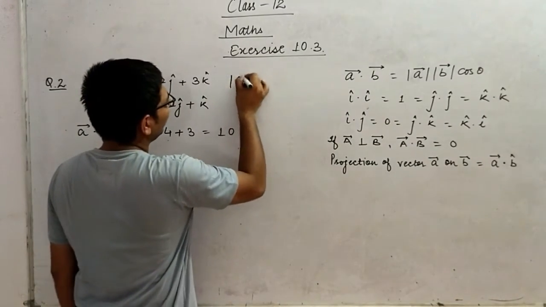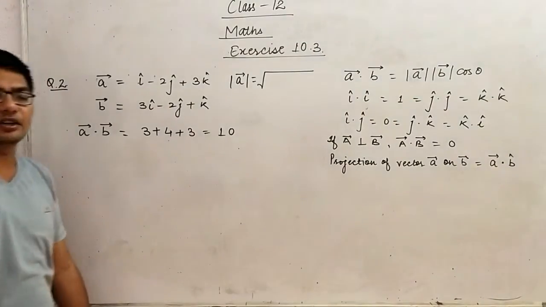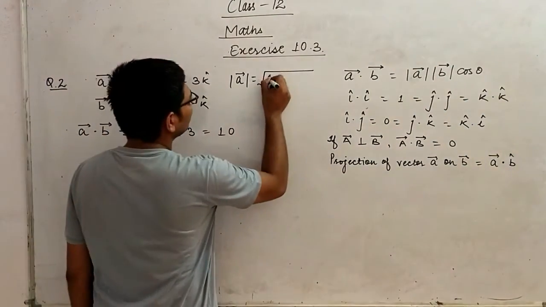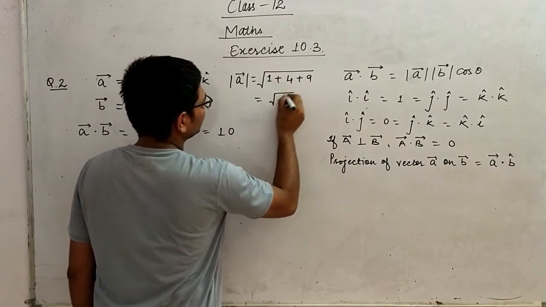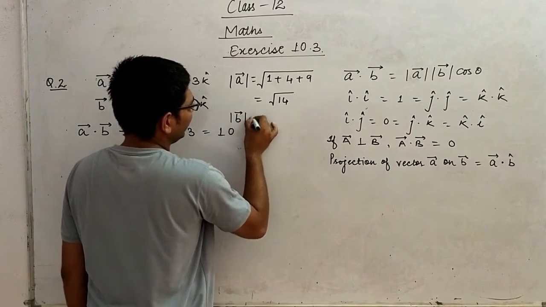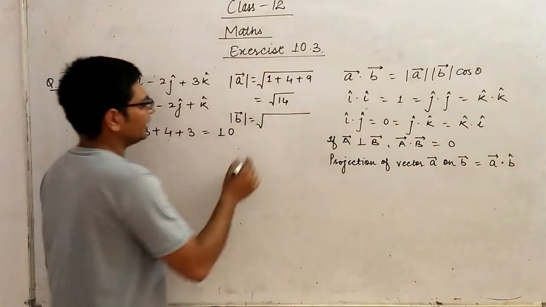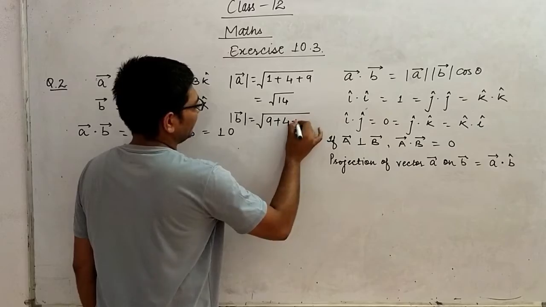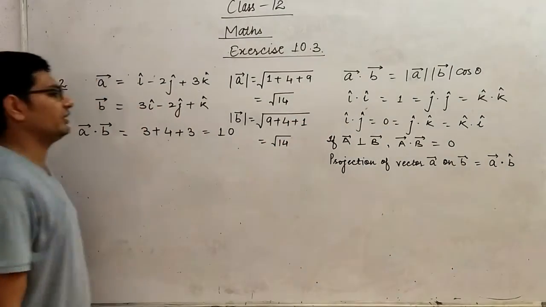It is the square root of the sum of the squares of the respective components. 1 square plus 4 plus 9 comes to be root 14. The magnitude of b can also be calculated as the square root of 3 square plus minus 2 square plus 1 square, which also comes to be root 14.